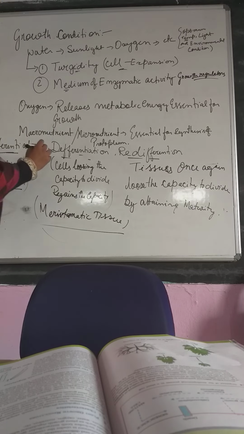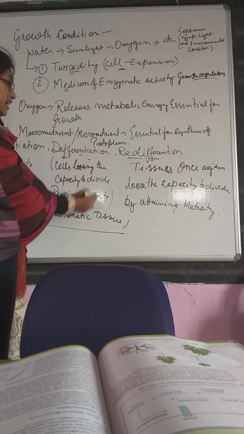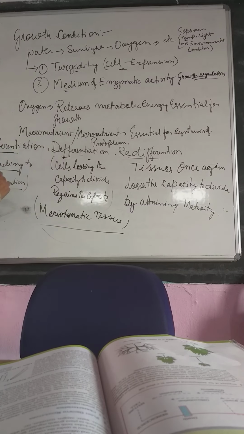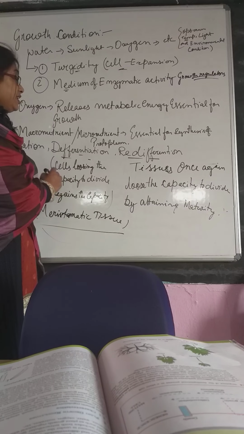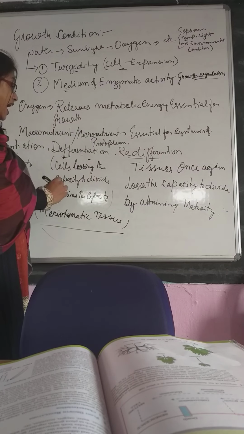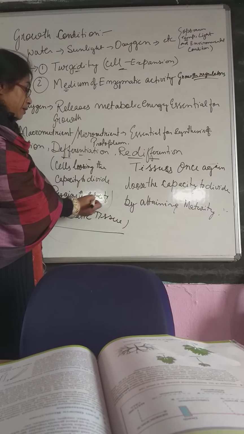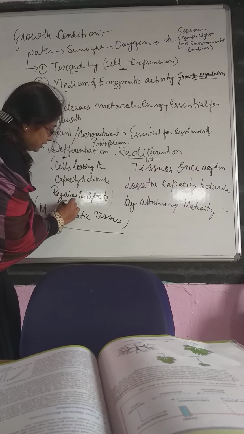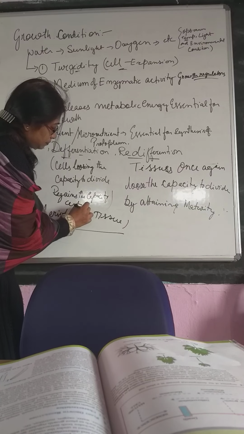Now dedifferentiation. What is dedifferentiation? In the first case, differentiation, cells attain maturity and stop dividing. Now in dedifferentiation, the cells that have lost the capacity to divide regain the capacity to divide under certain conditions.